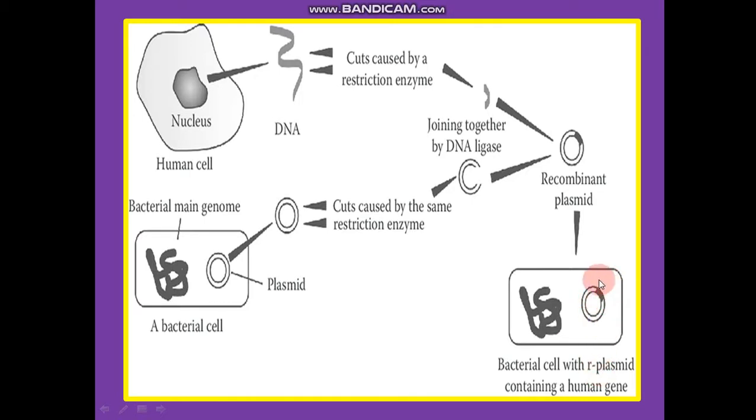So this plasmid DNA with recombinant plasmid is containing the human gene, the gene of interest. Okay, so this is a transformed host cell which has readily taken up the gene of interest loaded in the plasmid DNA.